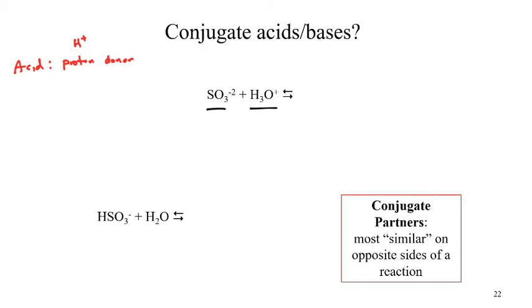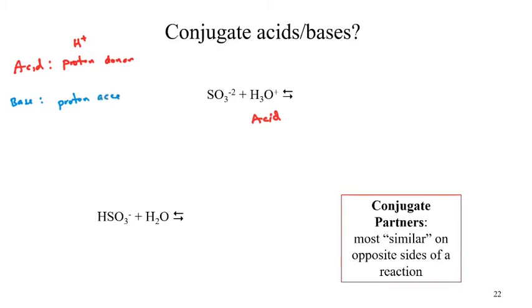So what we would need to look for in an acid would be something that has hydrogen in it. This is why we're starting with this one. H3O+ is the only one that has hydrogen in it, so it's going to be the acid. What is our base? Well, the base must be a proton acceptor.